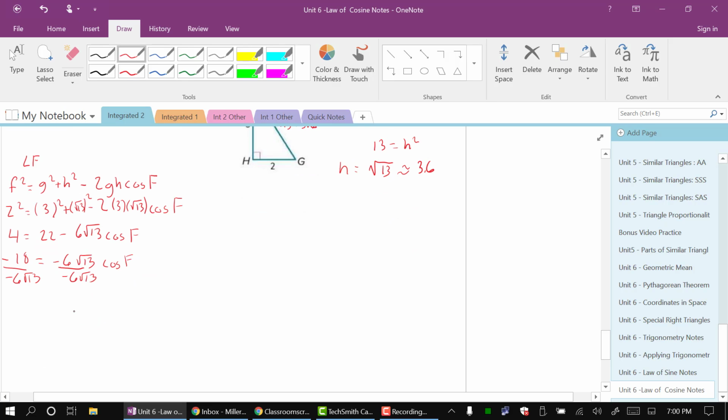Negative negative turns into a positive, so we get cosine of f equals 18 over 6 root 13. Inverse of cosine will give me the measure of angle f. So cosine inverse is 18 over 6 root 13. When I put that in, I end up getting 34.